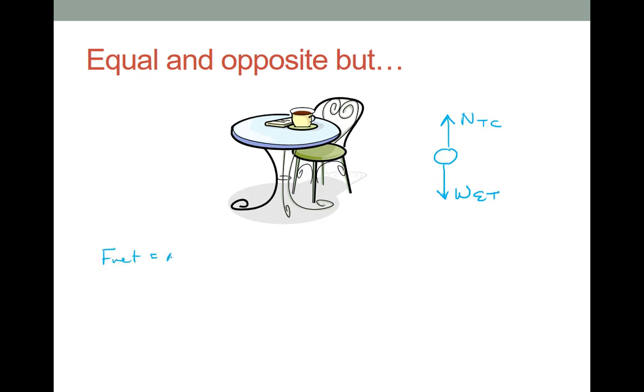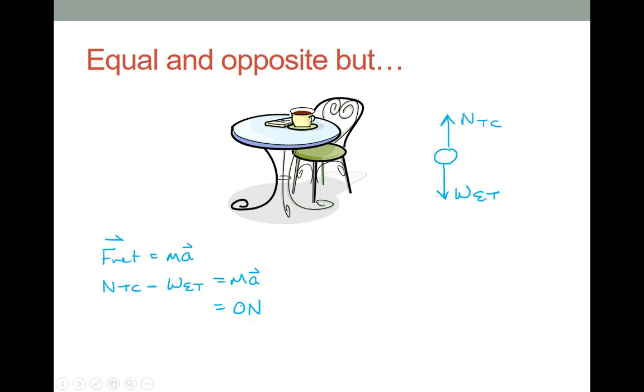So if I look at the forces here, I'm going to have normal from the table on the cup in one direction. The weight is in the other direction, so I'm going to subtract that off and let that equal mass times acceleration, except there is no acceleration in this case.